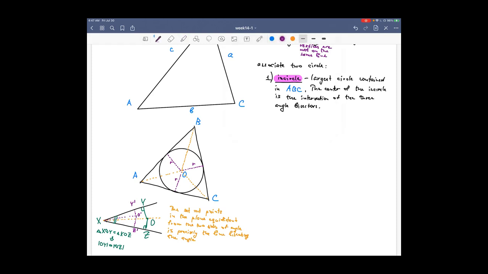The other important circle associated with the triangle is called the circumcircle. That is the smallest circle containing the triangle.